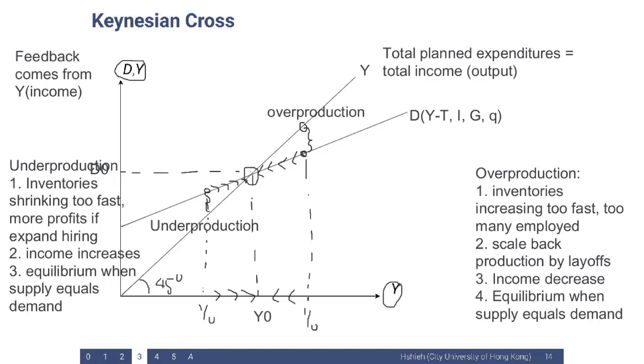It's called a cross because it shows a 45-degree line between demand and Y. So you notice that Y and D are the same, right? Because I told you, in a Keynesian aggregate demand model, there will always be enough supply created to satisfy all the demand. So D and Y are basically the same thing.